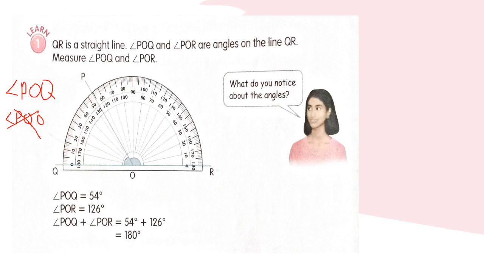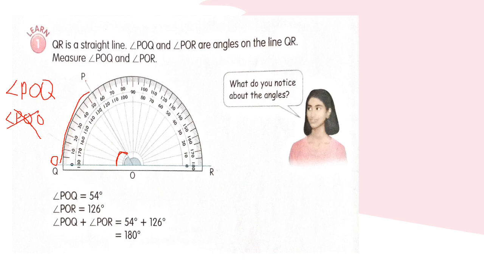Okay, for POQ, these angles, it's an acute angle. Because it's an acute angle, it must be not more or above than 90 degrees. So you need to look at this number. Start from 0 and then here it's 50.